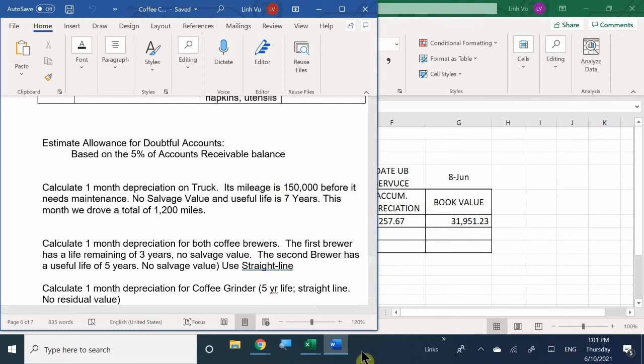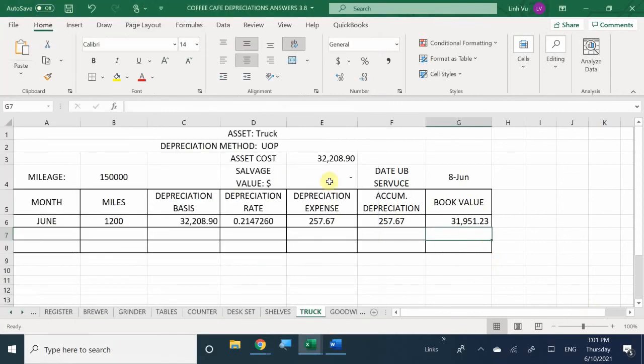Could I see the depreciation of the truck for 1 second? Yeah, go ahead. Thank you. So I don't need to round the depreciation rate, or do I?